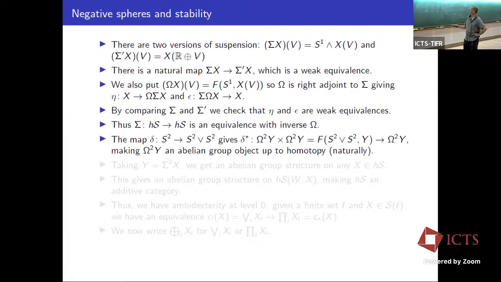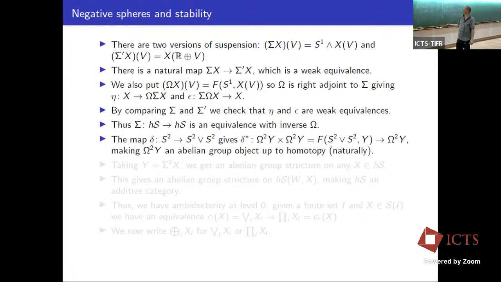Omega squared of any Y is always an abelian group up to homotopy in a natural way. Remember the standard construction of this: you've got a pinch map from the two-sphere to the wedge of two copies of the two-sphere. Just take S2 and collapse the equator, and then the upper hemisphere and the lower hemisphere become copies of S2 joined together at a single point.